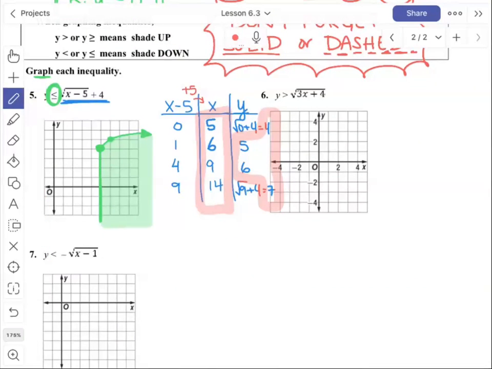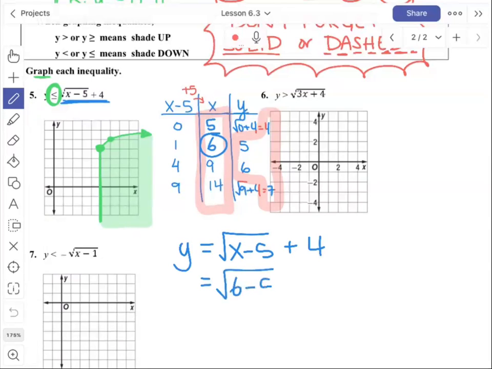Basically I shortcutted a little bit because y is rad x minus 5 plus 4, right? For example, if I were to plug in 6, I get 6 minus 5 plus 4, so rad 1 plus 4 to get 5.